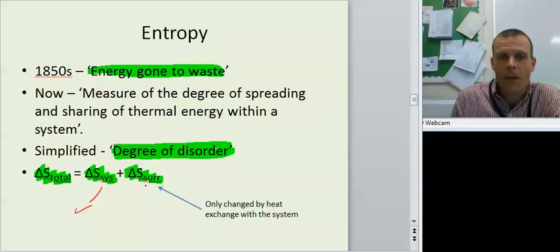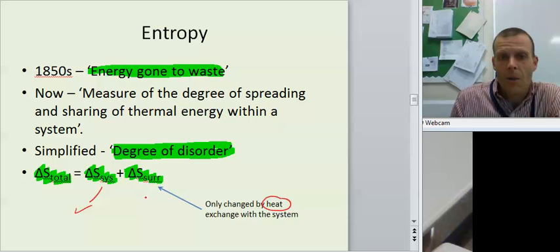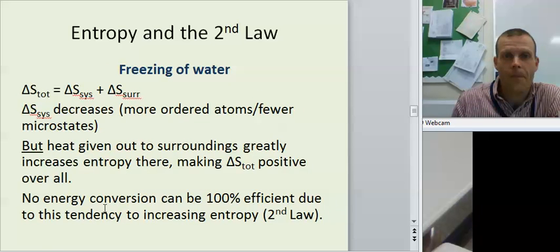However, if we've got this disorder spreading out across all these microstates in the surroundings, it's much harder to work out. However, it's being essentially caused by heat exchanges, and so as a result of that, if we start to consider enthalpy, then we're able to take into account the entropy change in the surroundings.